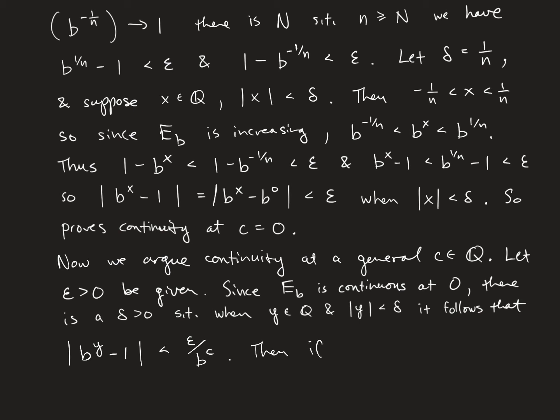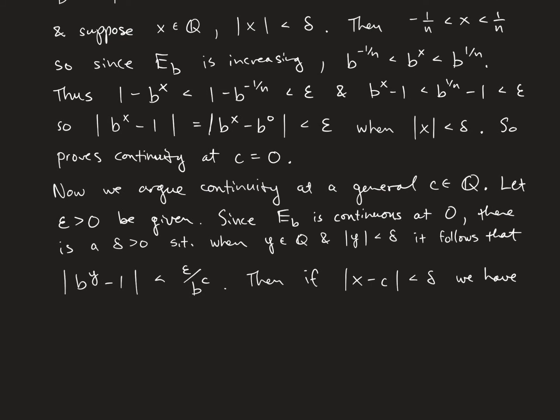So then if x is within delta of c, and I guess we'll say, if x is within delta of c and x is rational, of course, we have that b to the x minus b to the c, now we're just repeating the same computation again, is equal to b to the c times b to the x minus c minus 1 absolute value.